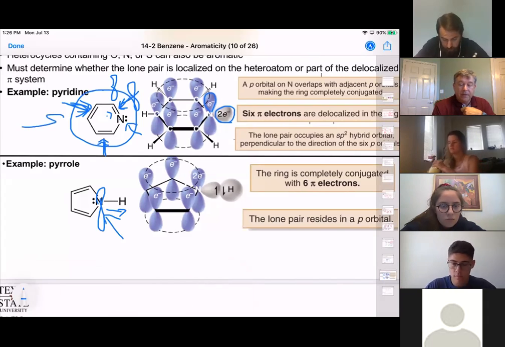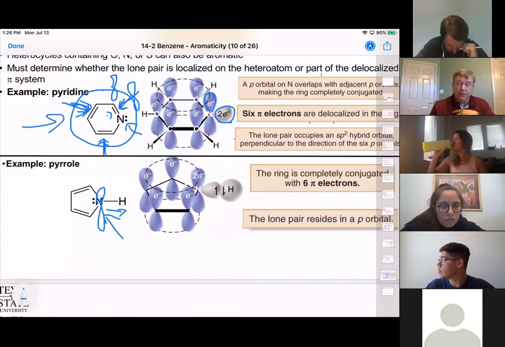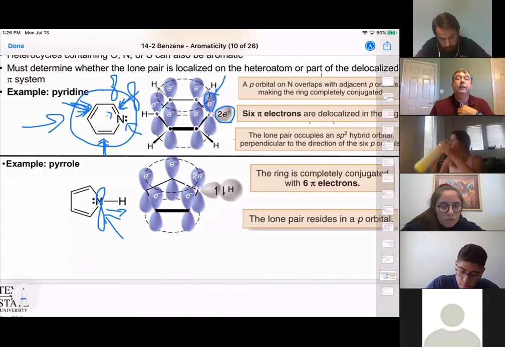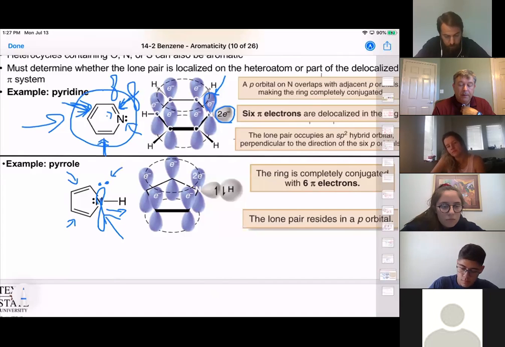In the case of pyridine, it's in an sp2 hybridized orbital, and the p has a single electron in it contributing to the system. In the case of pyrrole, that pair of electrons is in the p orbital, which means now you have 1 pair, 2 pairs, and 3 pairs. You have a total of 6 electrons, and that hydrogen is bonded to your sp2 hybridized orbital. So pyrrole also satisfies all 4 rules of aromaticity.